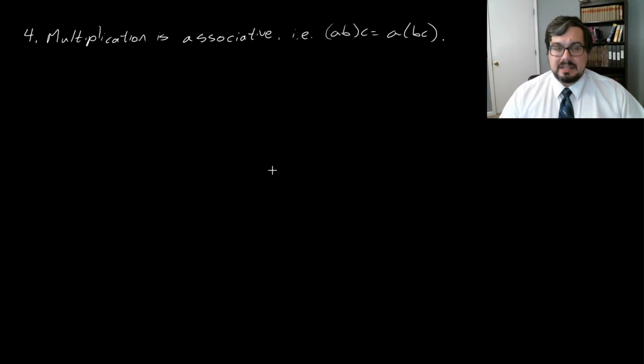Other than that, we only require multiplication to be associative. Notice in particular the things that we don't require here. We don't require the ring to have a multiplicative identity. The element 1, the identity for multiplication, doesn't necessarily need to exist in the ring. And so because the identity doesn't even need to exist, inverses don't need to exist.